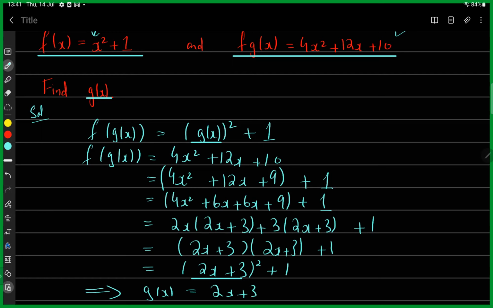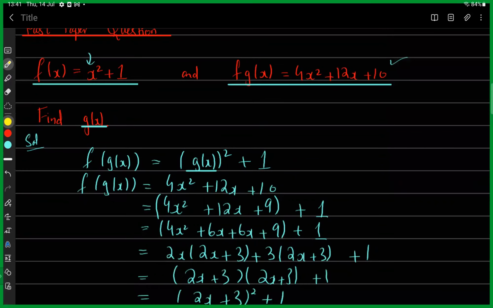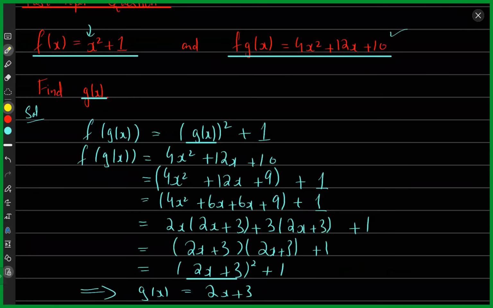So I'll explain this question again. This is a past paper question, and it had some other parts as well, but the most important part was this one. We had two functions, one of the functions was given and their composition was given, and we had to find the other function. This is f of x. Using the basic structure of f of x, if I have x here, I am having x squared here. So if I would have g of x here, I would be having g of x squared here.